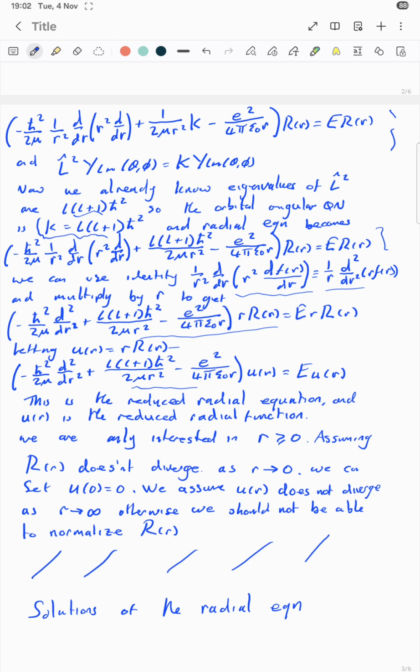We are only interested in r greater than or equal to 0, because obviously the radius has to be measured from the center of the nucleus of the atom. Otherwise it's a singularity. But R of r doesn't diverge as r goes to 0, so we can set u of 0 equals 0. We assume u of r does not diverge as r goes to infinity, otherwise we would not be able to normalize our radial solution.